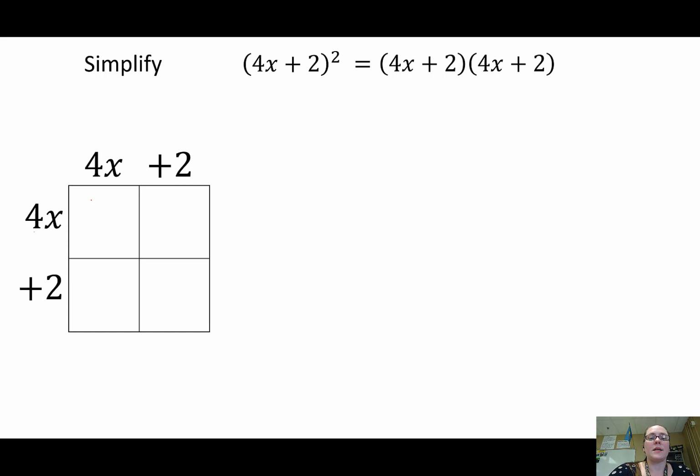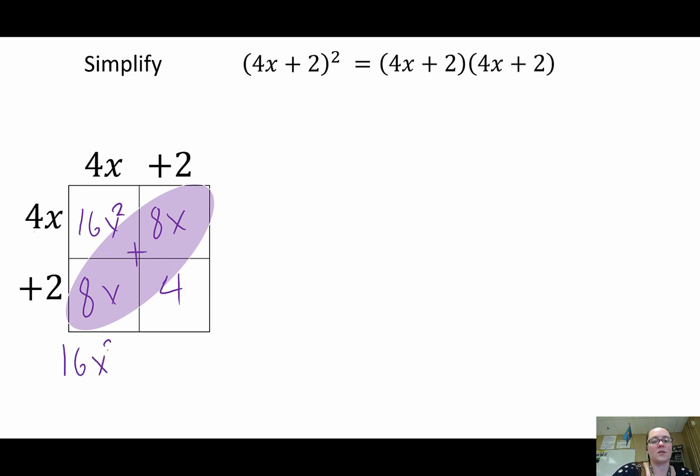So we get 4x times 4x, giving me 16x squared. 4x times 2, giving me 8x. 2 times 4x, giving me 8x. And 2 times 2, giving me 4. So again, combining like terms along the diagonal, I get 16x squared plus 16x plus 4.